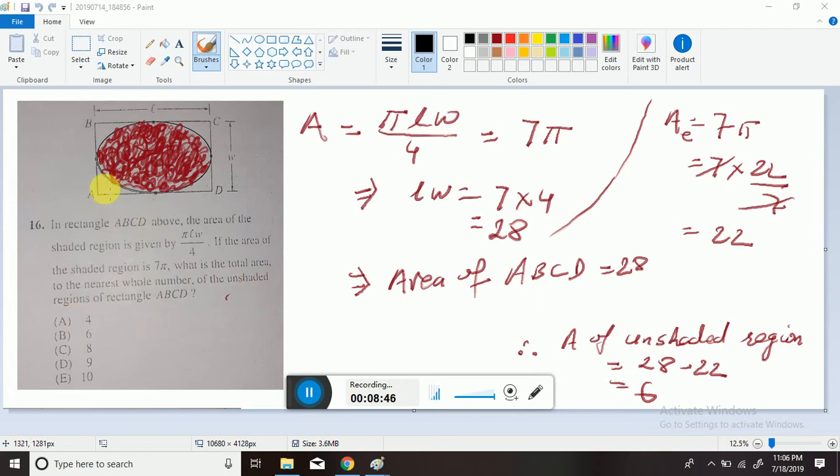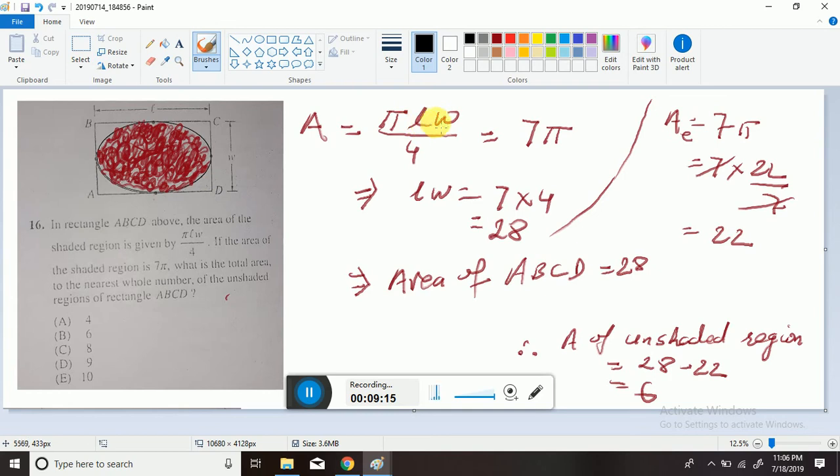That means we have to find the area of this corner, this another corner, and these four corners of the unshaded region. The concept is that we have to find the total area of the rectangle, L into W. Also, we need to find the area of this ellipse, and then subtract them.